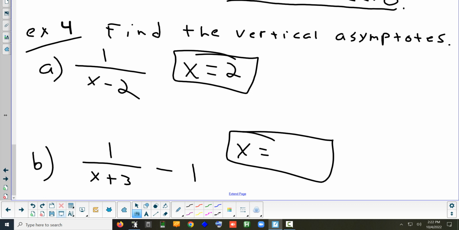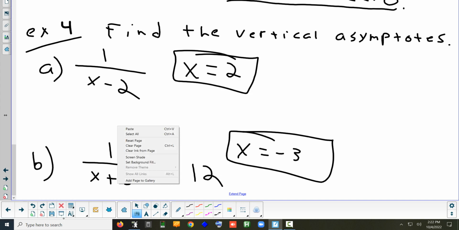So the one on the outside of that, would that be the horizontal? Yeah, this has to do with horizontal. This has nothing to do with this problem, this minus 1. So x equals minus 3. So what if I do this? It's still x equals minus 3. This number changes the horizontal. This number changes the vertical. They're totally separate.